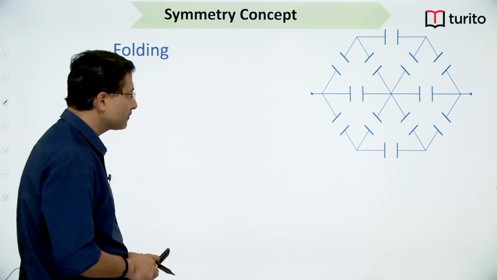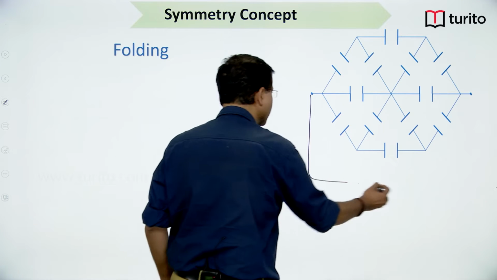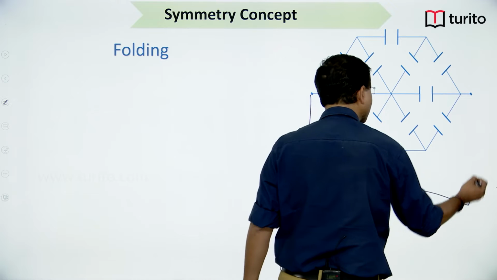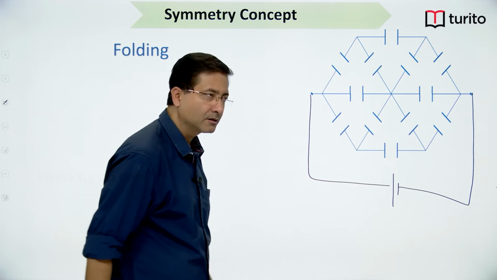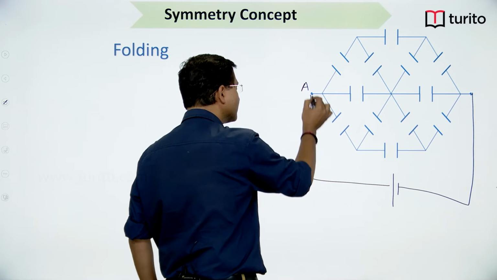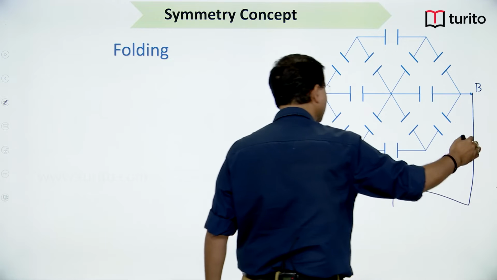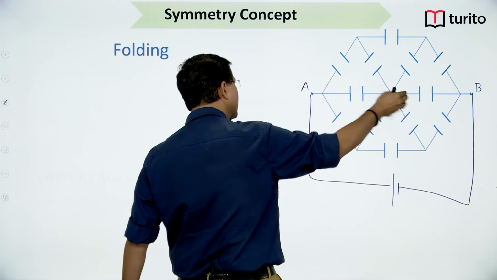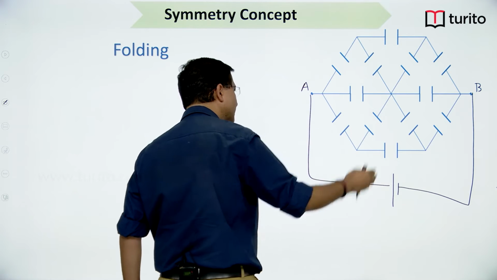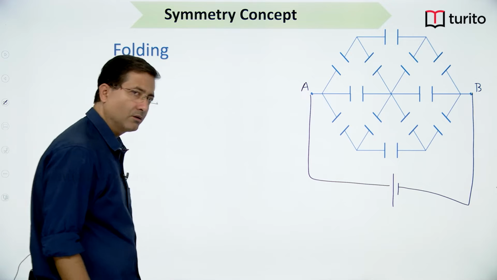What is folding symmetry? If I connect the battery like this, across this AB, if I look at the circuit, then whatever I am getting above, the same thing I am getting below, right.